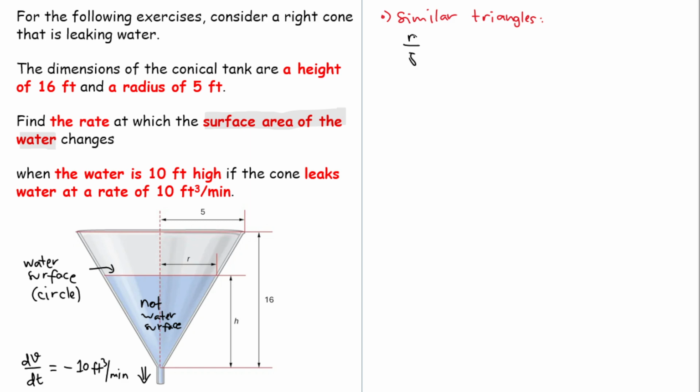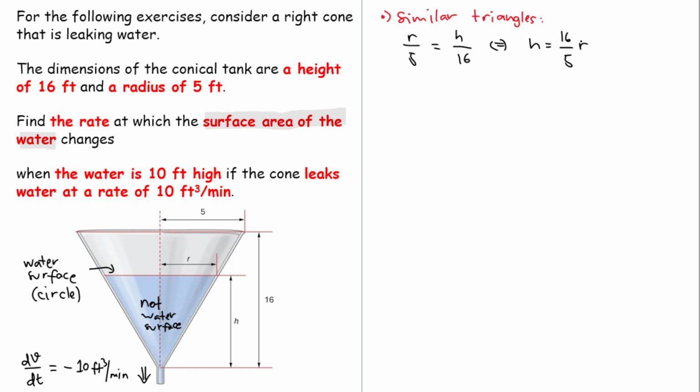This is base divided by base. And now we have the height: h divided by the height of the tank, which is 16. And I can isolate h here, so h is equal to 16 over 5 multiplied by r.